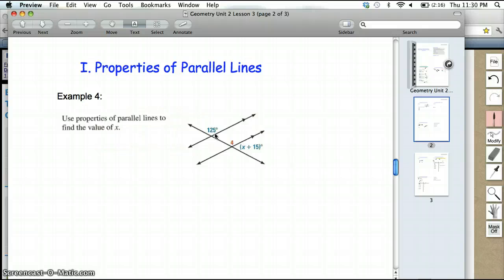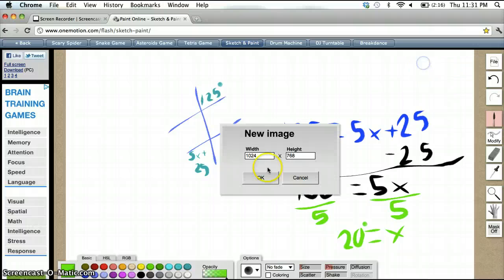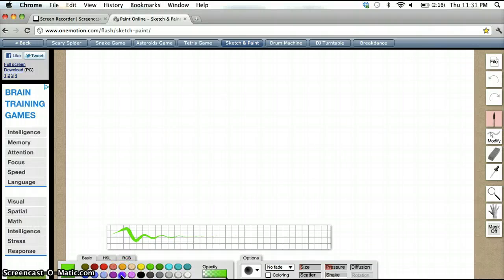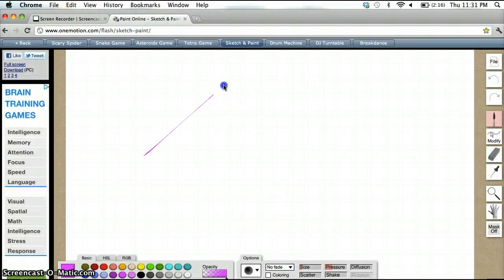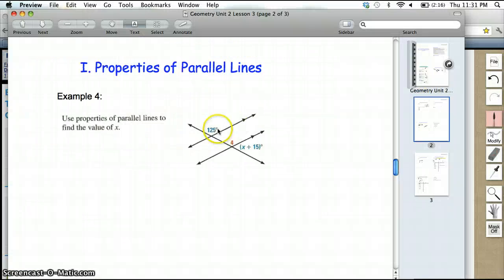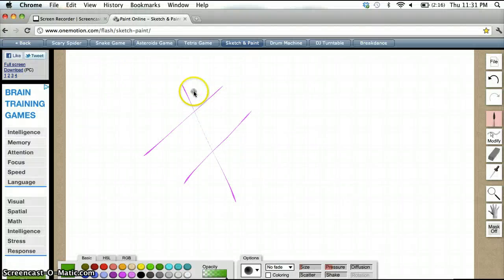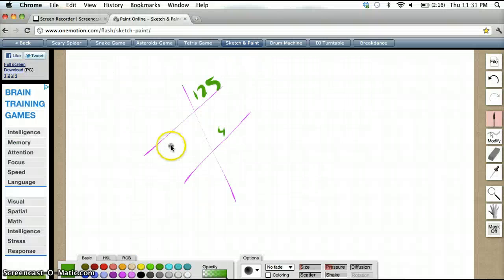I'll draw this out: two parallel lines and a transversal, with 125, angle 4, and x plus 15. We need to solve for x.